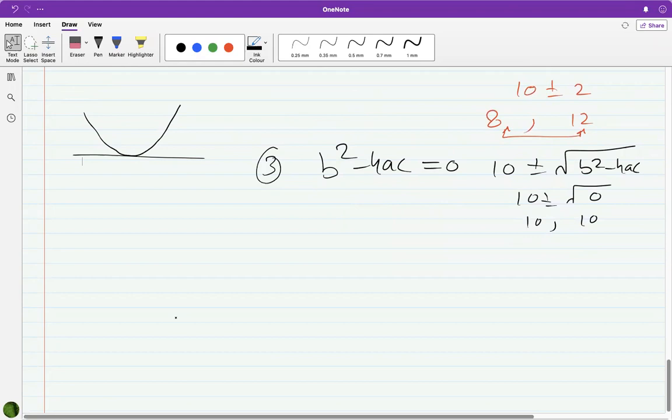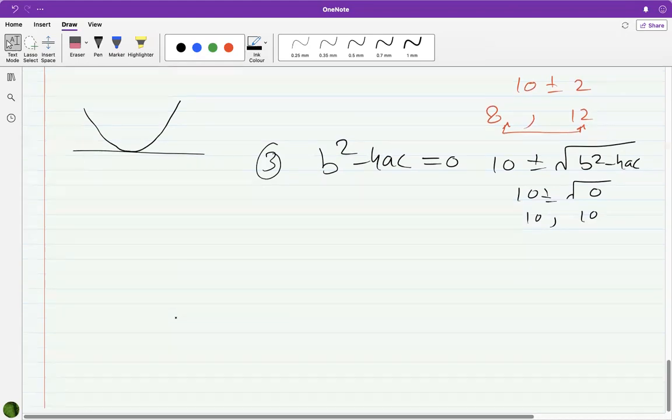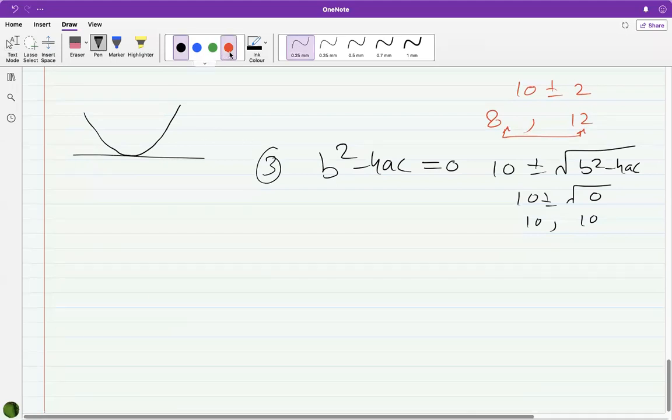Before I move on, I would like to share another example to make things more clear. For example, I have an equation y is equals to x square plus 2x plus 5. This is a quadratic equation. And I have another equation which is y is equals to mx minus 7.